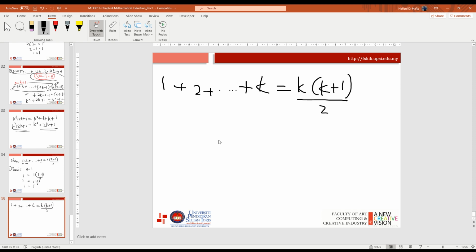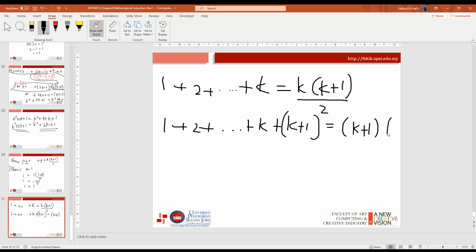So K plus 1 is true. 1 plus 2 plus dot dot dot plus K plus K plus 1 lah, equivalent to K plus 1 K plus 2 lah divided by 2.